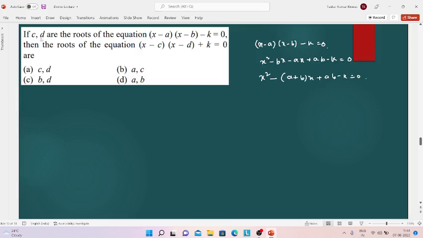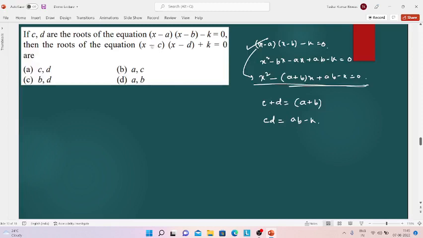Here you can see that c and d are the roots of this equation. So by the relation between roots and coefficients, we can write c plus d as minus of minus (a plus b) by 1, which will be a plus b, and cd will be ab minus k.